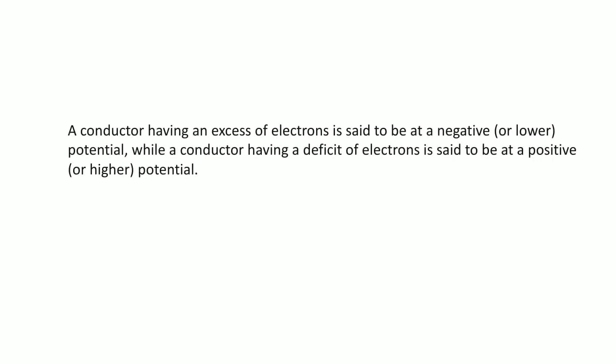So similarly, we can say that a conductor having an excess of electrons is said to be at a negative or lower potential, while a conductor having a deficit of electrons is said to be at a positive or higher potential.